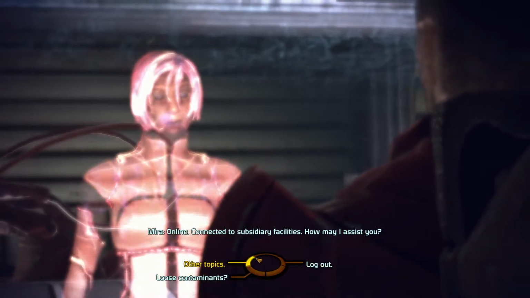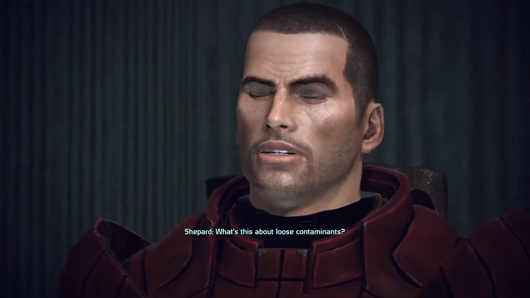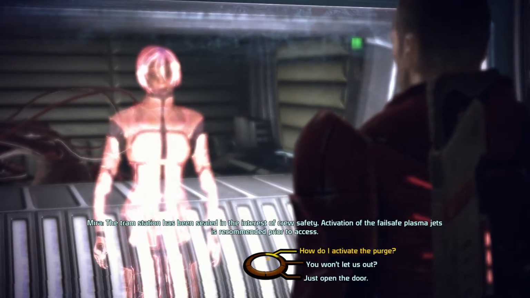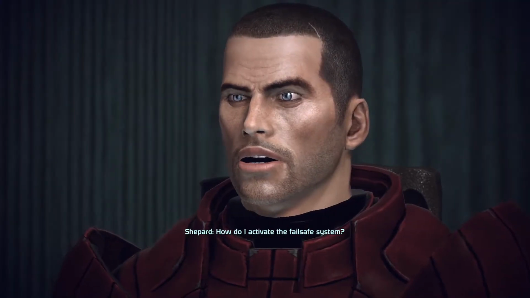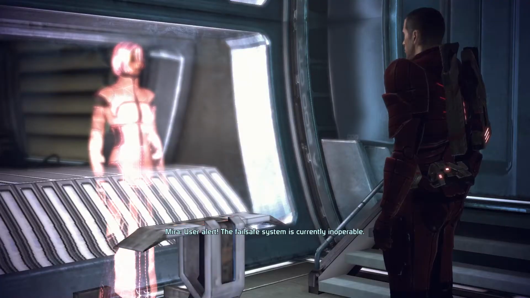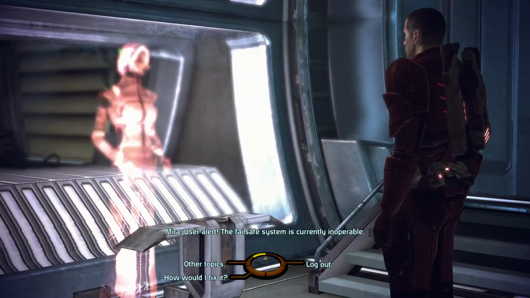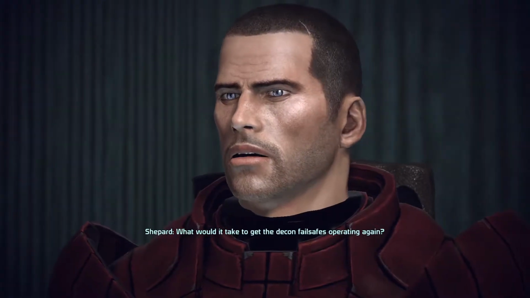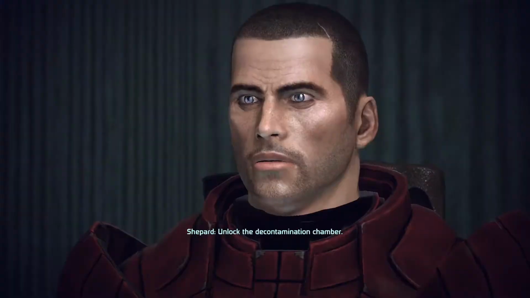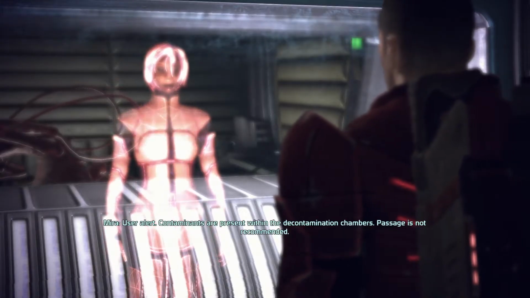Online, connected to subsidiary facilities. What's this about loose contaminants? The tram station has been sealed in the interest of crew safety. How do I activate the failsafes? Controls for the fail-safe systems are located in the security checkpoint. User alert. The fail-safe system is currently inoperable. What would it take to get the decon failsafes operating again? There is a hardware fault in the control system. This can be repaired on-site. Unlock the decontamination chamber. User alert.